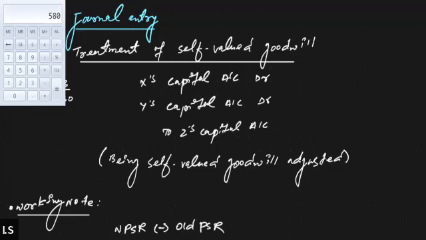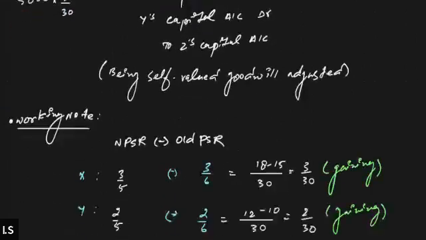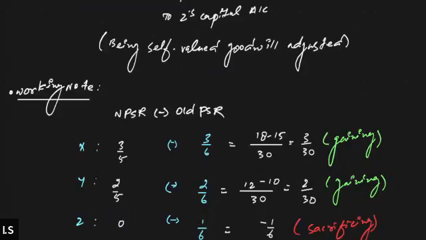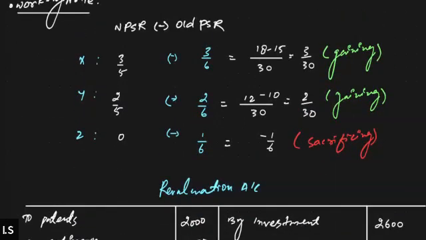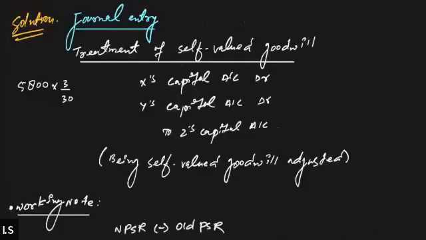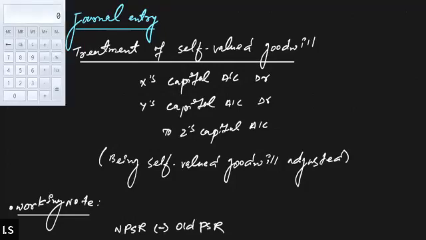3 by 30 could also be interpreted as 3:2 and 1/6. The 5,800 into sacrificing share for Z is 1/6.